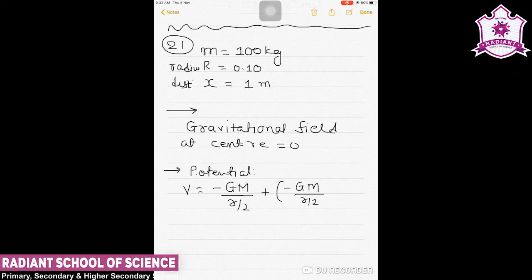Here R is taken as x, so we have the total distance as x. We can write it as minus 4 Gm over R, but here R is x as per our question, or we can take it here as R.